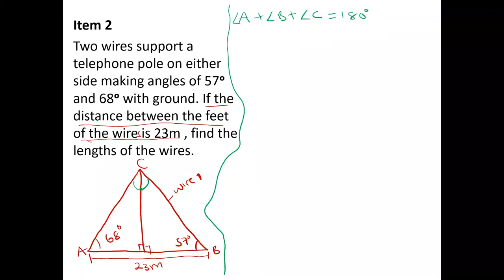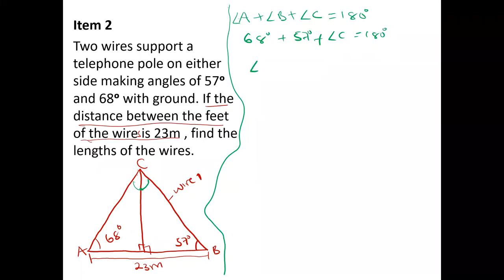That means angle A is 68 degrees plus 57 degrees, then plus angle C is equal to 180 degrees.